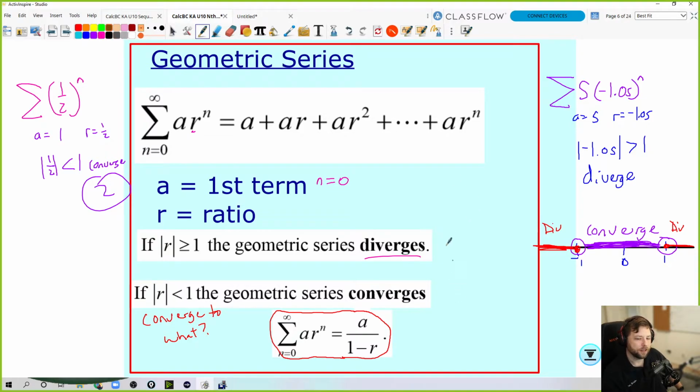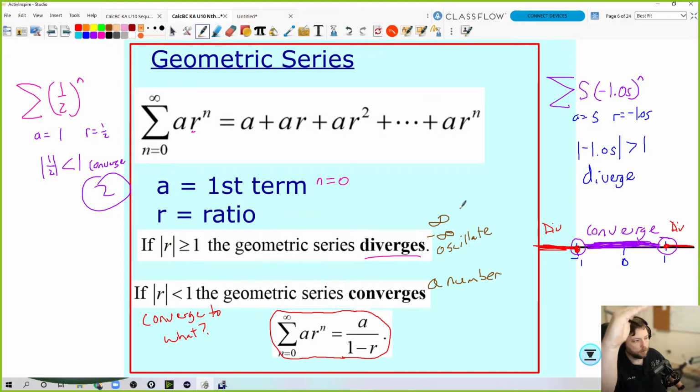A few other things. A question was asked, what does diverge and converge mean? Converge means it goes to a number. It's going to add up to a number. Diverges means it's going to go to infinity or negative infinity, or it's going to oscillate.